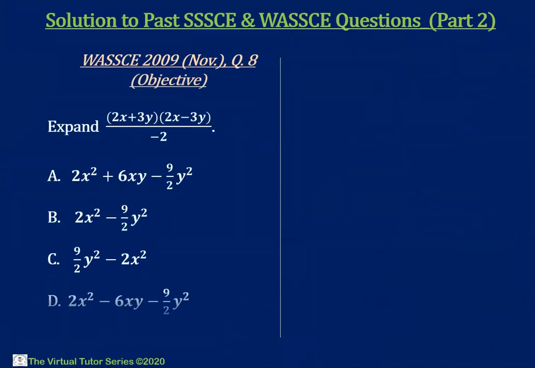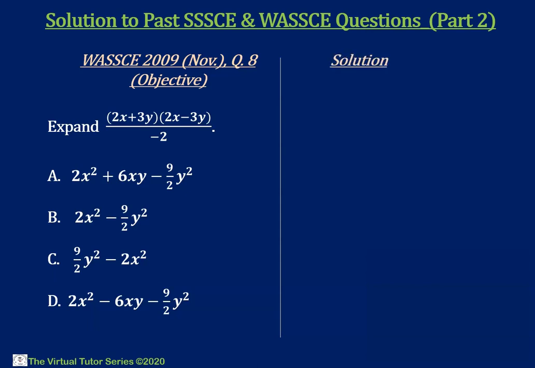WASSCE 2009 NOVDEC Objective Question 8. Expand into bracket 2x plus 3y times into bracket 2x minus 3y all over -2. Solution.